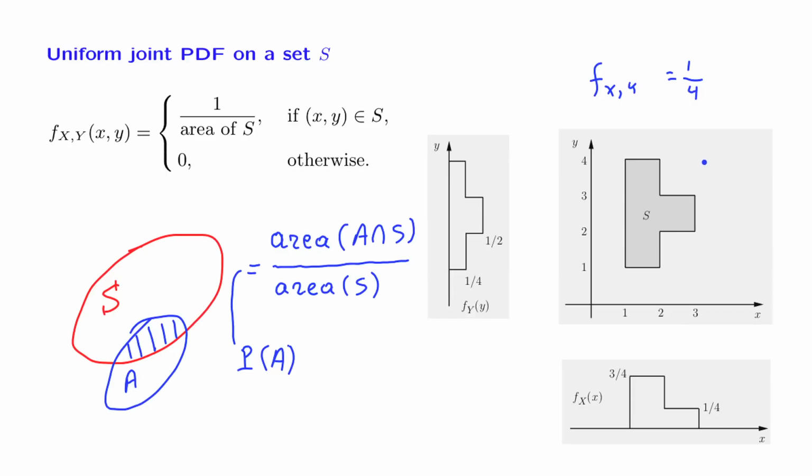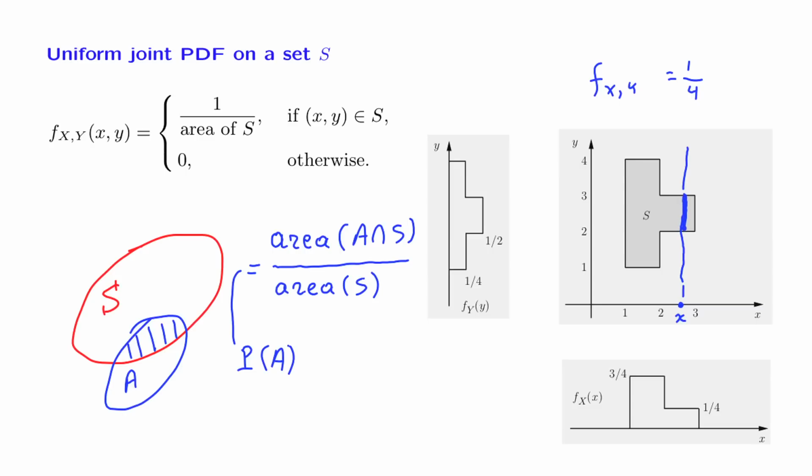We can now find the marginal PDF at some particular x. So we can fix a particular value of x, let's say this one. To find the value of the marginal PDF, we need to integrate over y along that particular line. And the integral is going to have a contribution only on that segment.